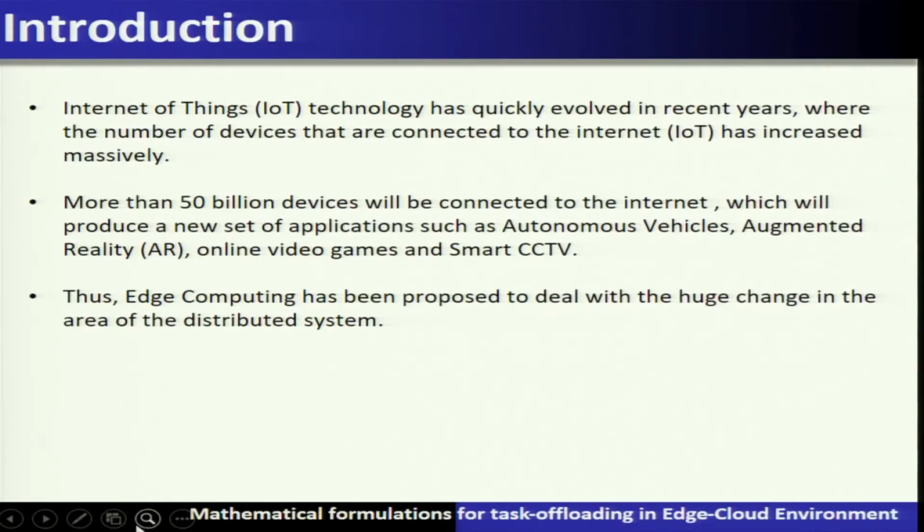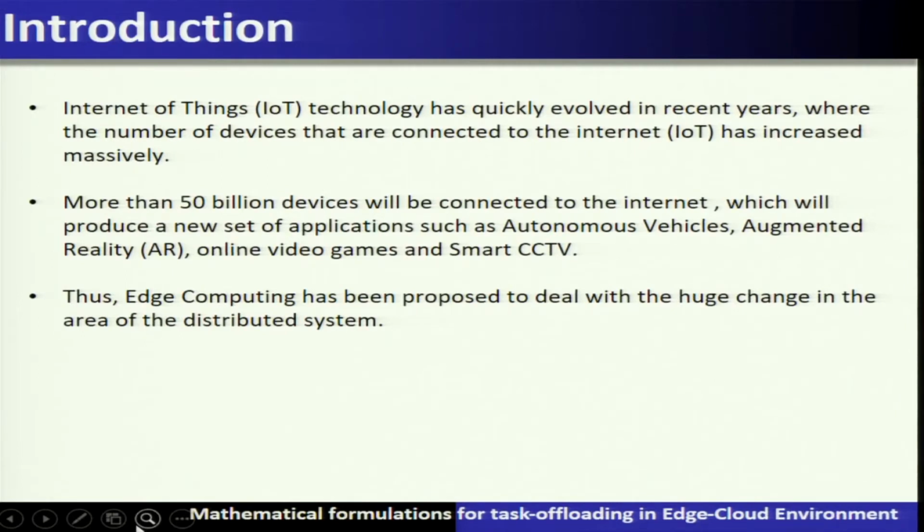Now, Internet of Things, also known as IoT, has quickly evolved in recent years. So, in IoT, what is evident is that the number of devices connected to the internet is increasing massively.